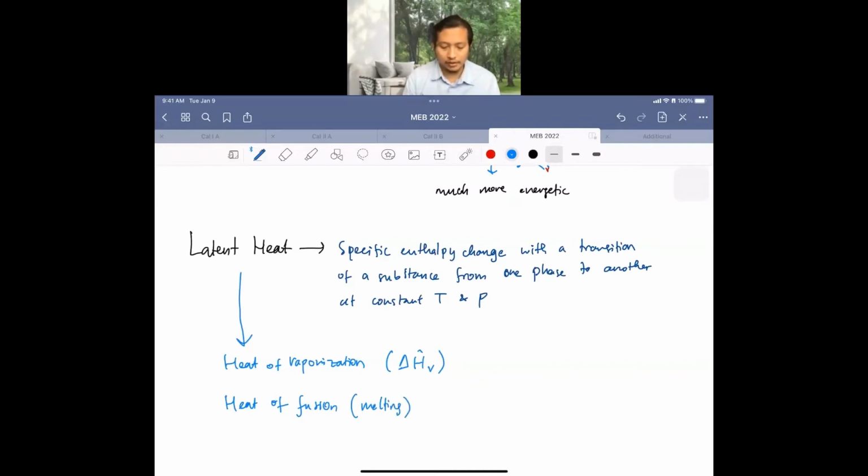This is also melting. This is delta H m. So vaporization, from the term vaporize, of course you can easily see that it is changing from liquid to vapor, and fusion is solid to liquid.